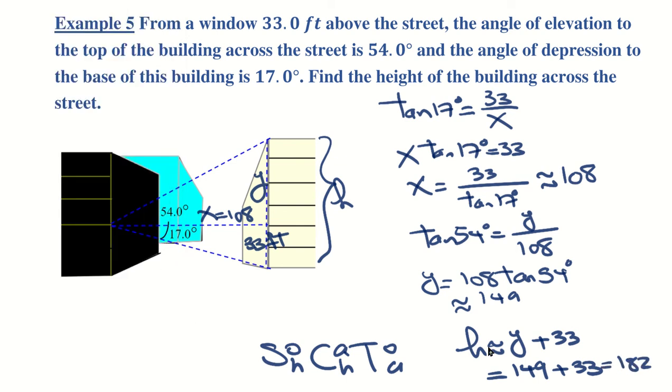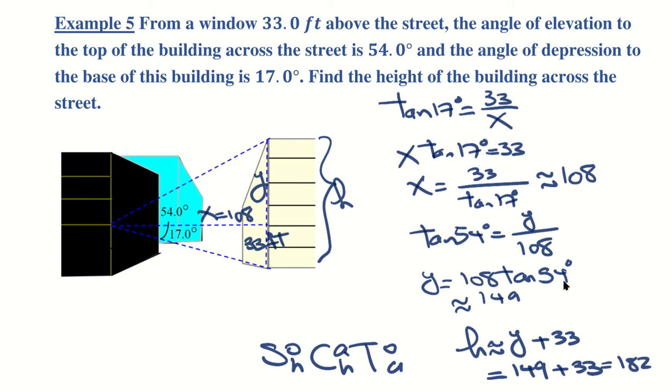So 182. Notice that if there's one approximate symbol in a chain, then the final result is an approximation, right? All you need is one. So I don't need to keep putting it at every step, because all I need to write it is once.